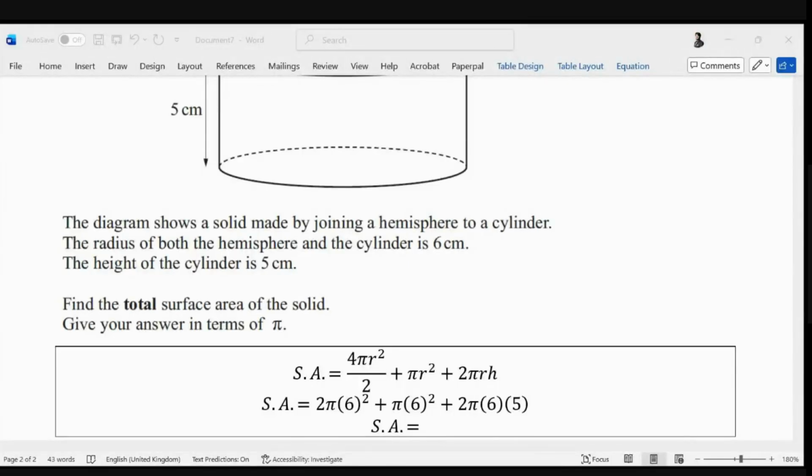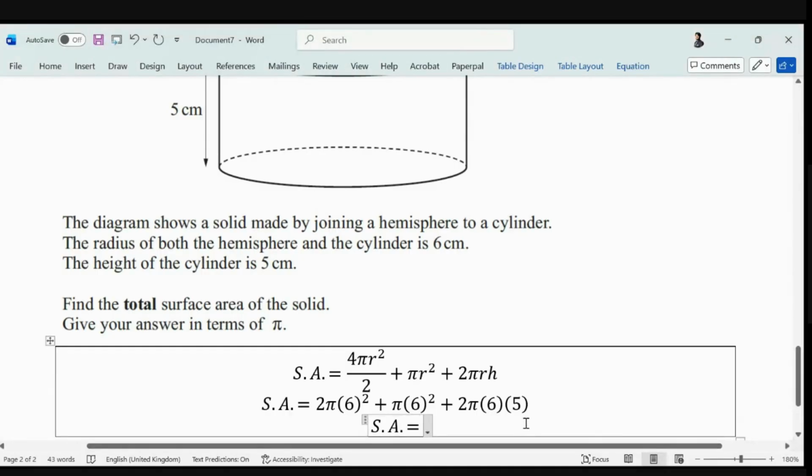If I disconnect, do not leave the meeting. Yes, bachon. So what is the total surface area of the solid that we end up with? Remember, all of this has to be done without the usage of calculators. This is paper one.